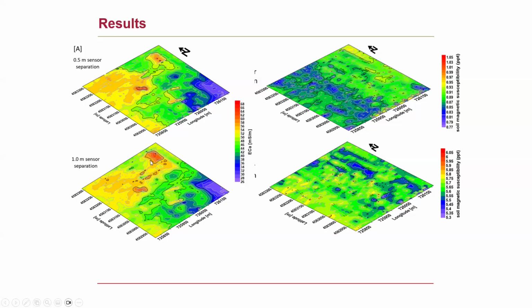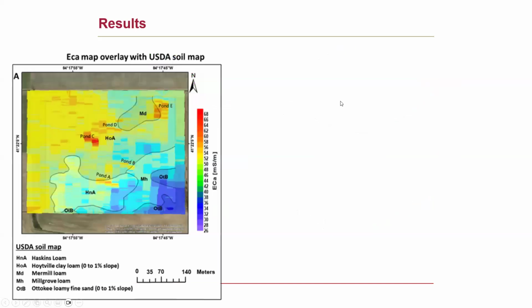That tells you that we are seeing a deeper investigation volume compared to the shallow one. While on the right-hand side, you're seeing distribution of apparent magnetic susceptibility of the soil. I mean, these results were fantastic because you could really see this shallow soil show some differences in the magnetic susceptibility distribution.